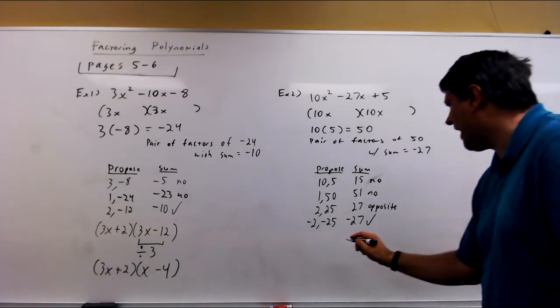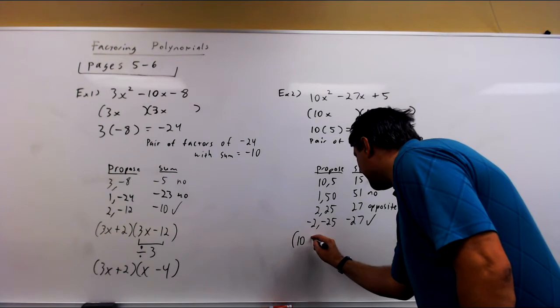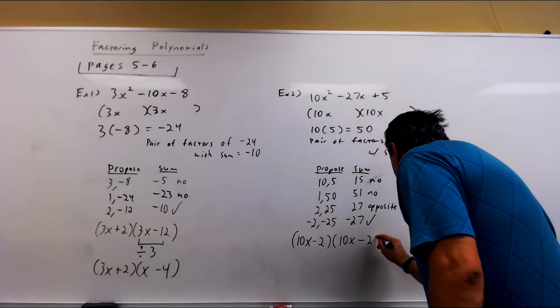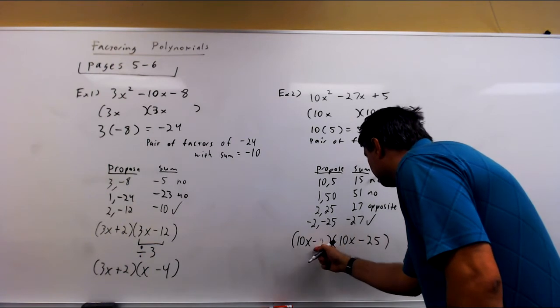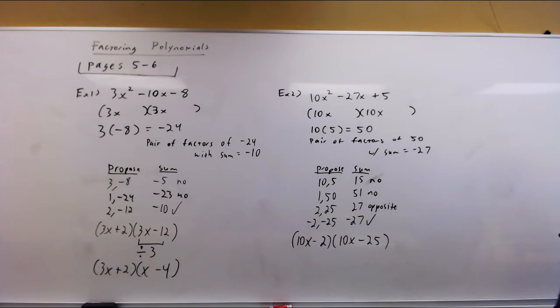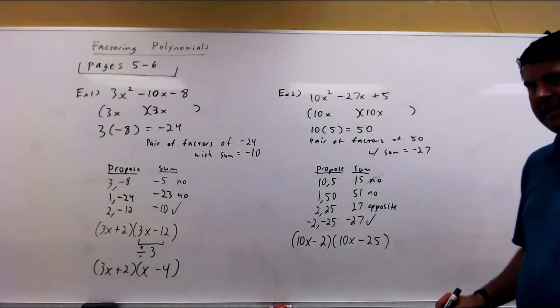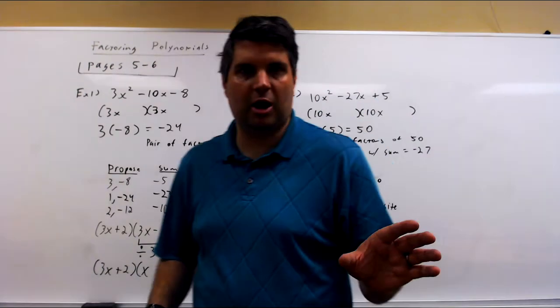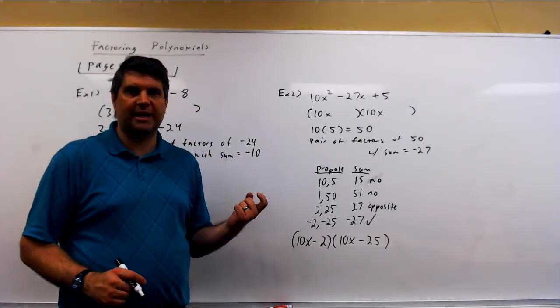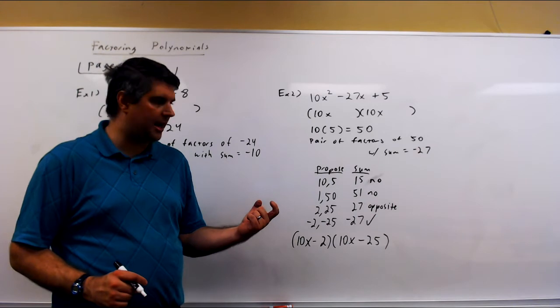So now I will have 10x minus 2 and 10x minus 25. Again, we will always check to be sure that both terms of every one of these have something that divides them besides 1.